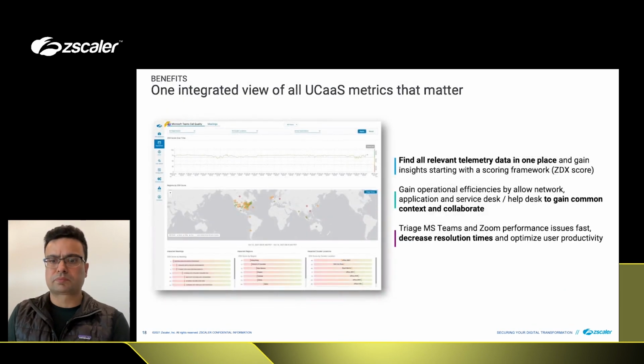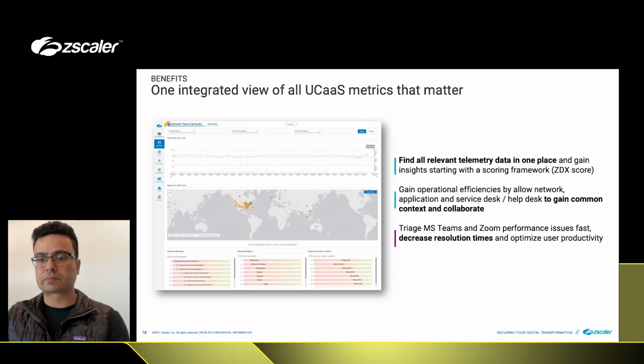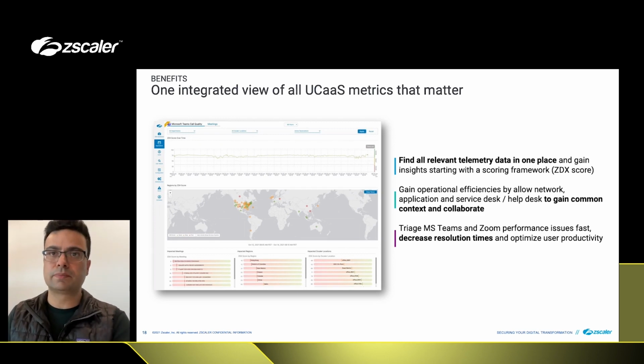So in this view, when I look at the call quality dashboard for our own Zscaler corporate tenant, you can see that in addition to the global view of where our employees are coming from, you also have a meeting-level view. You can understand who these employees are, who was in this meeting, what kind of audio gear they were using, and what was their ZDX score in the context of the MOS score itself.